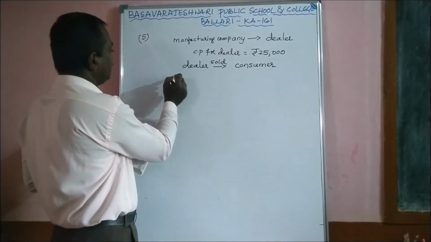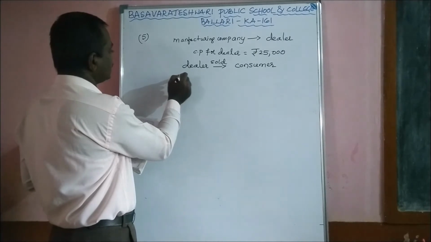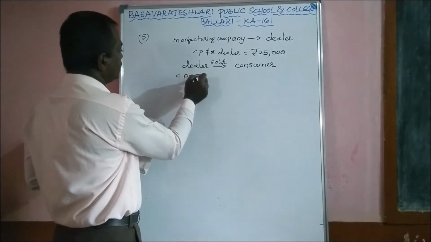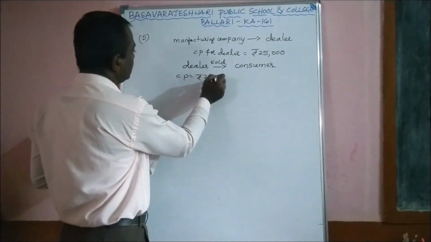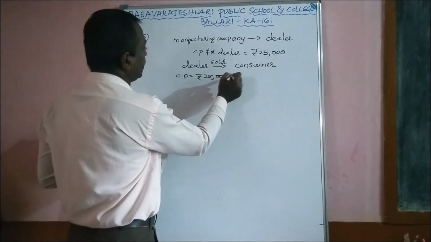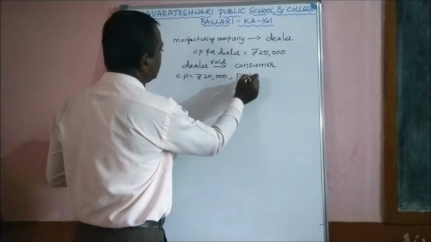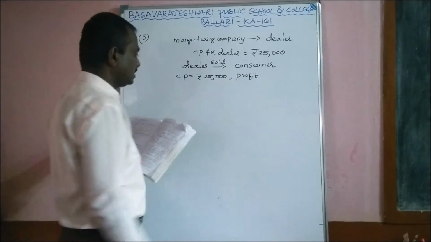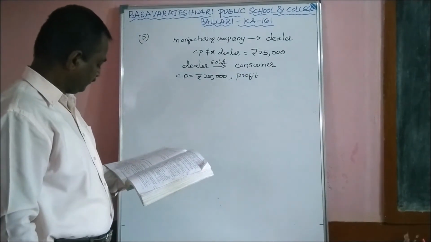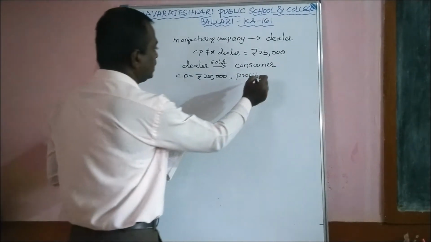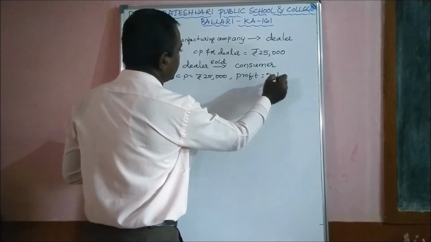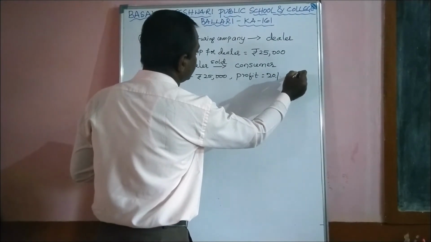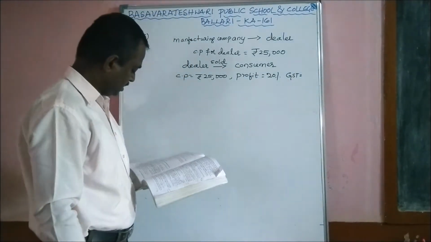So CP is rupees 25,000. Profit is 20%. GST is 18%.